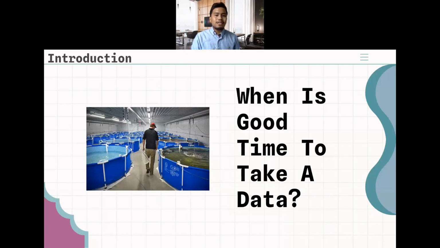Some common time points for data collection include daily monitoring, before feeding, after feeding, during water exchange, and during critical events. By following a consistent schedule for data collection, we can track changes in water quality parameters over time, identify trends, and make informed decisions regarding the management of their shrimp tanks.